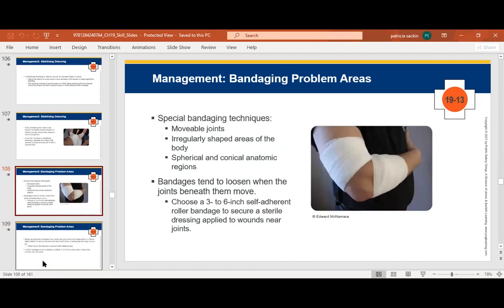Special bandaging techniques, for movable joints and irregular shapes. We have different types of bandages up there. We have arm slings, different things for when a joint is involved, and this is showing an elbow, putting it against their chest. It may be as simple as them holding their arm against their chest, bandaging it in there so it doesn't move.